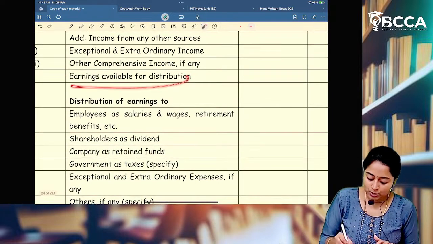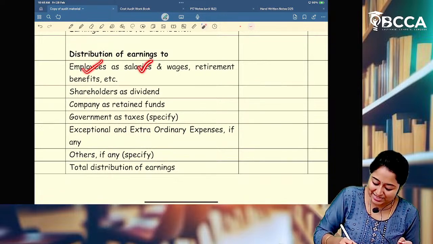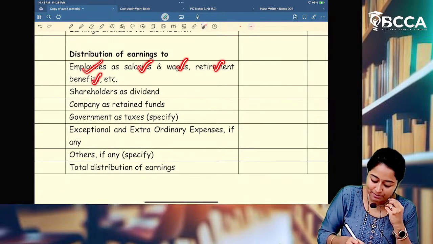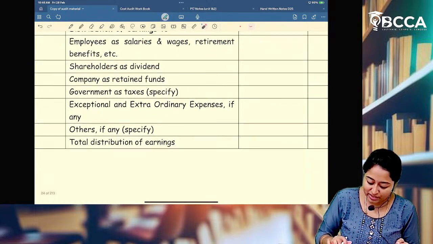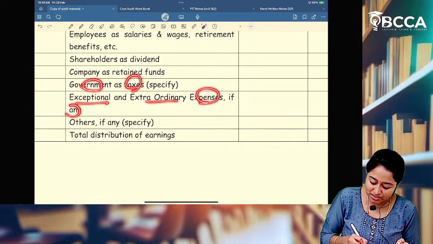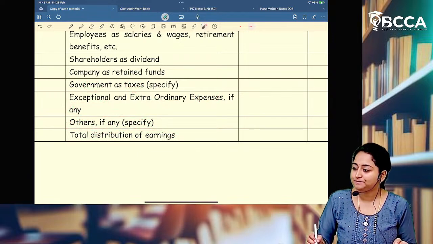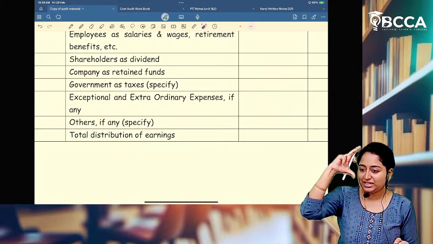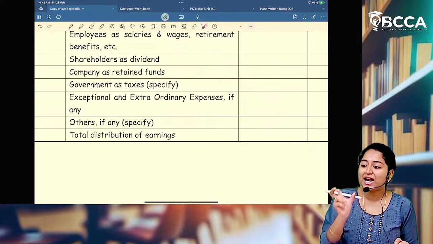And this earnings will be distributed to employees as salaries and wages, retirement benefits, shareholders as dividend, company as retained funds, government as taxes, exceptional and extraordinary expenses if any, others if any, and total distribution of earnings. Clear? So first you will calculate the value addition, then whatever the value addition is there, for that you will add what?